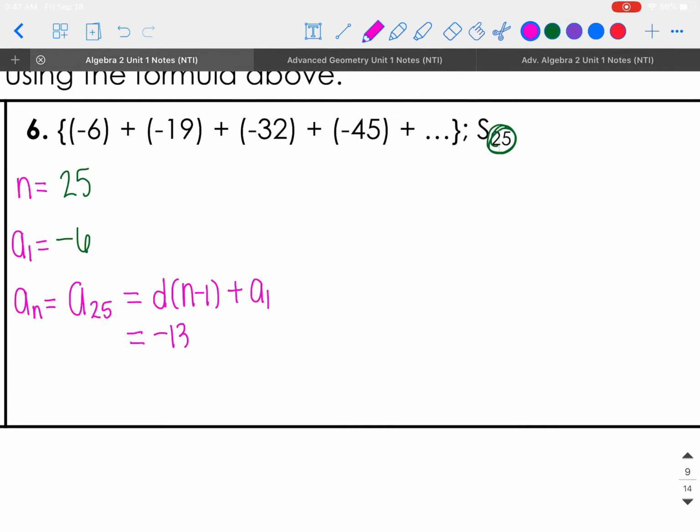And that gives me -13. I know that my n is 25, and my first term is -6. So when I type that in the calculator, I get -318.